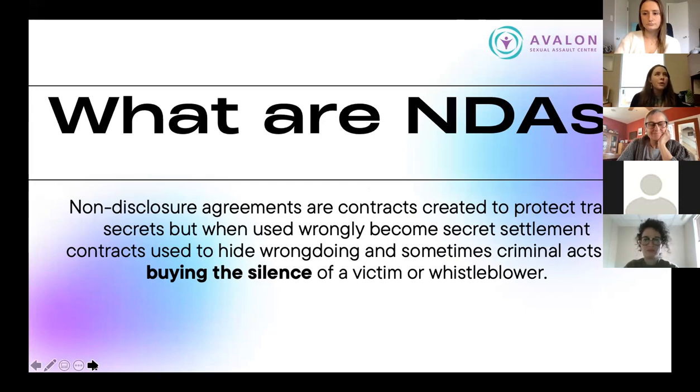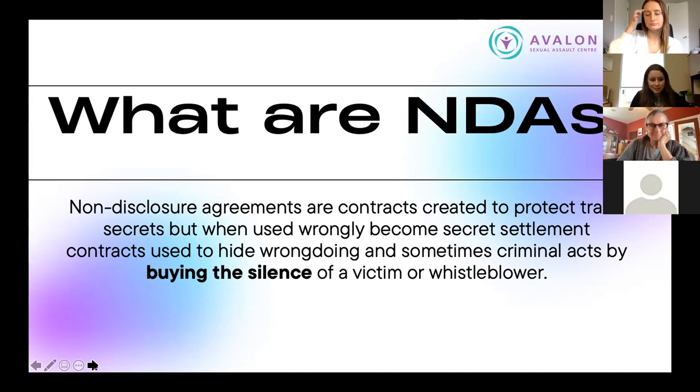So they began in the 1980s and they were common within technology companies. They were used to protect trade secrets, client lists, and designs. However, they have shifted to become very common in civil cases and just a standard in workplace termination cases, sexual abuse and harassment cases, and racial and gender discrimination cases.